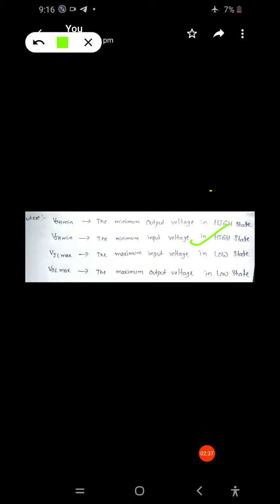Those are the parameters used in power supply rails.